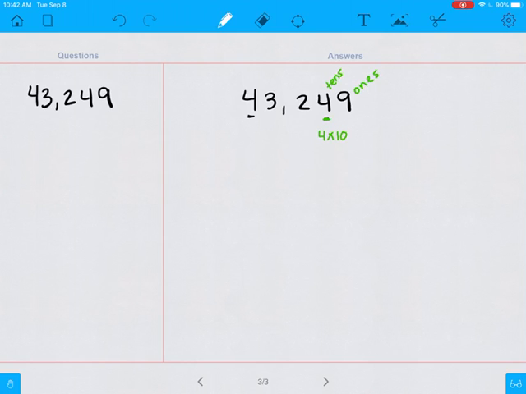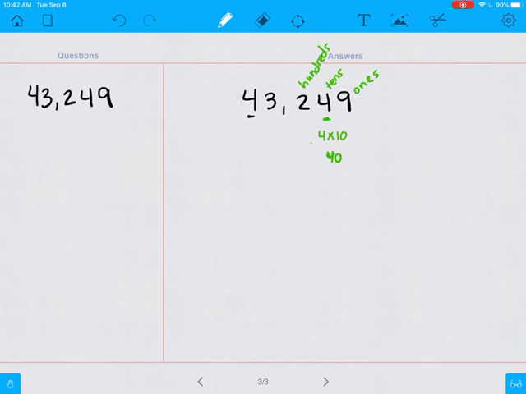So that's 4 10 times, okay? Then we have, which let me put the answer, that would be the number 40, okay? Then we have the 2, which would be 2 hundreds. So I have 2 hundreds, which we should know that's 200 if we figured that out.